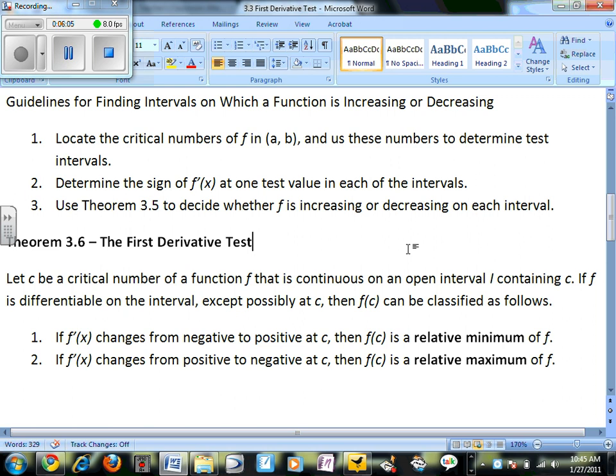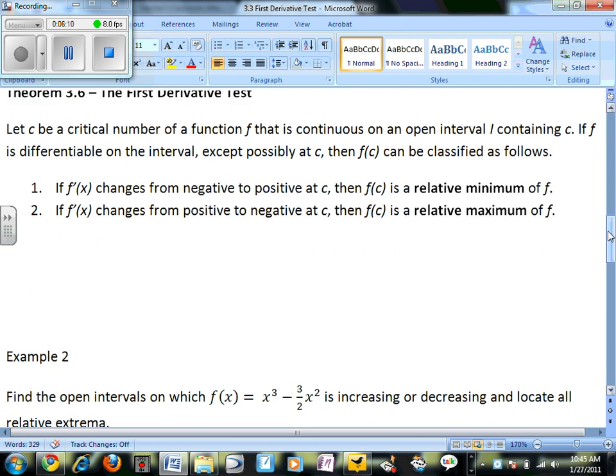All right. Along with that comes the first derivative test. What we can do is use the first derivative test to find our extrema, our maxes or our mins. And what this is saying, if we find our intervals and at a point C, we find a critical point.